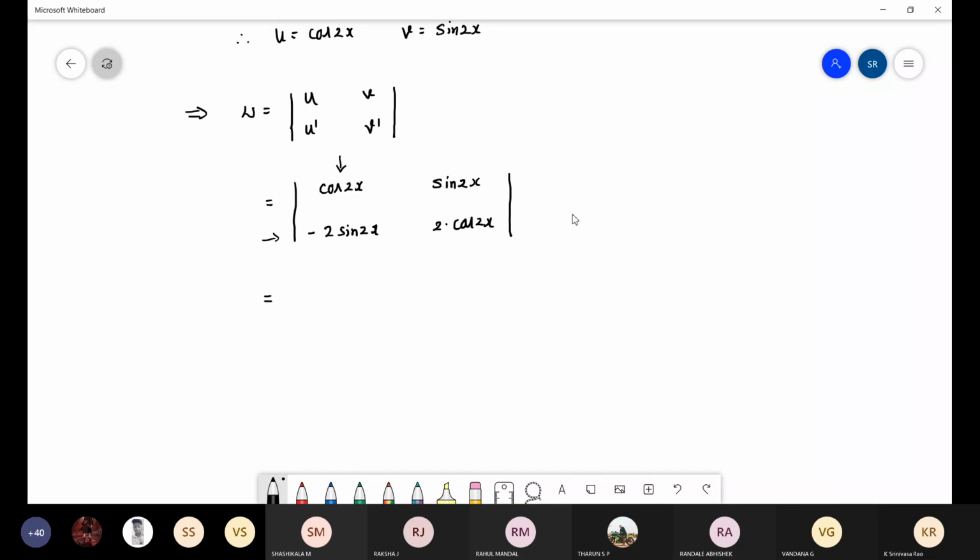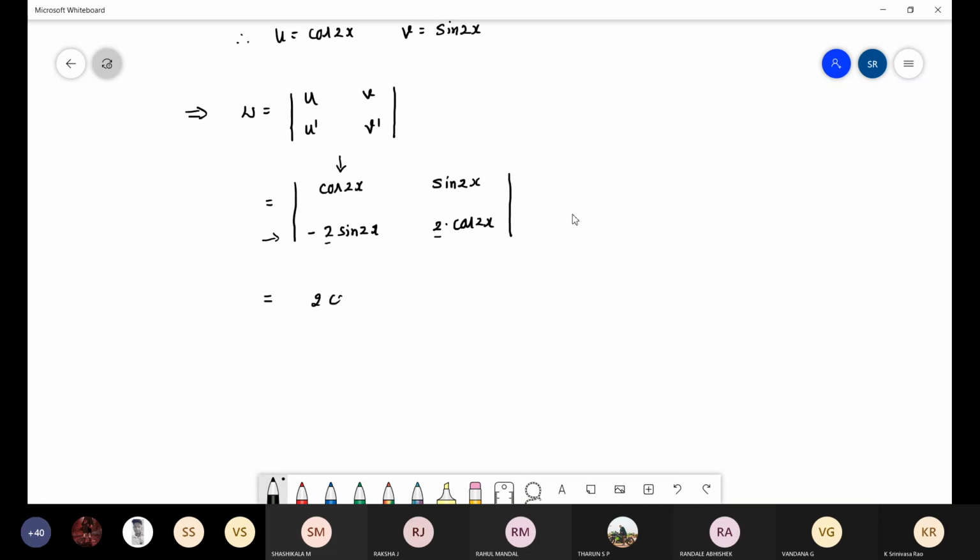Here 2 is there, here also 2 is there. With respect to the second row, you can take 2 common. Otherwise you multiply as it is, because this is very simple. It will give the same answer.